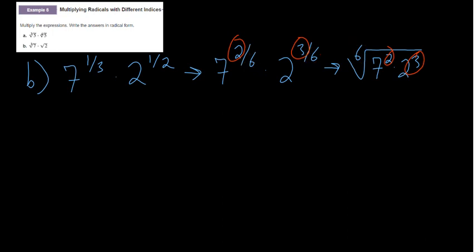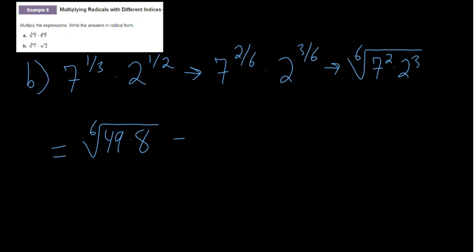But we can actually take this a little bit further, can't we? We'll put an equal sign down here. The sixth root of, well, we know what 7 squared is. That's 49. Times 2 cubed, we know that's 8. Okay, so 50 times 8 is 400. 49 times 8 would be 392.